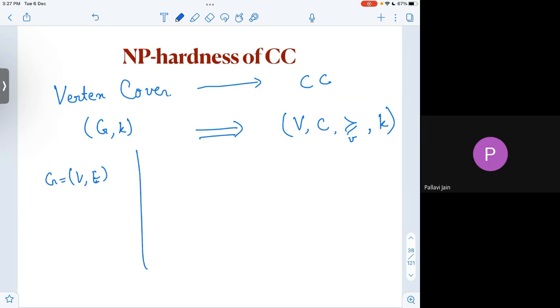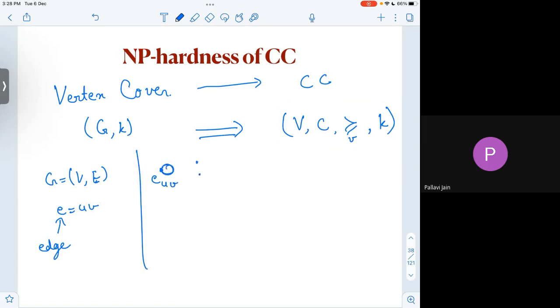So let's say this is my notation. This is my edge, and U and V are the endpoints of this edge. Now, with respect to this edge, I will construct a voter. My voter is EUV.